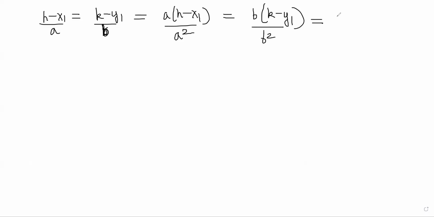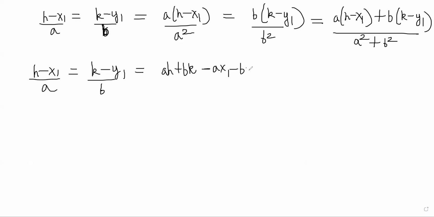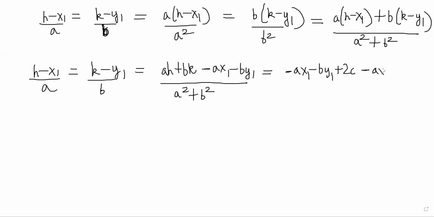So it will be equal to a times h minus x1 plus b times k minus y1 by a square plus b square, right? So therefore I can write h minus x1 by a is equal to k minus y1 by b is equal to ah plus bk minus ax1 minus by1 by a square plus b square, right? And this time ah plus bk will be minus ax1 minus by1 plus 2c. And there is already a minus ax1 minus by1.